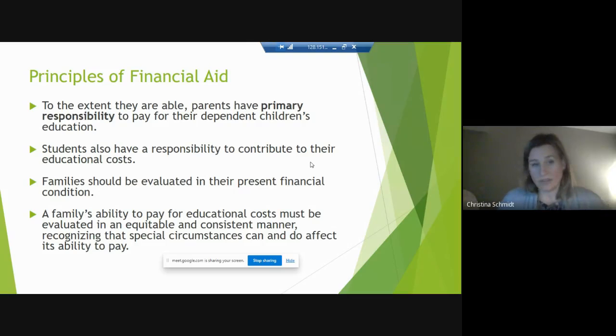And so here, again, it's important to note the application process helps us review a family's ability to pay, and we cannot look at a family's willingness or unwillingness to contribute as a special circumstance. So in order to review applications in a fair and equitable and consistent manner, we are looking at ability to pay.